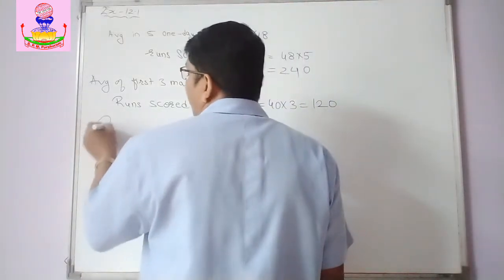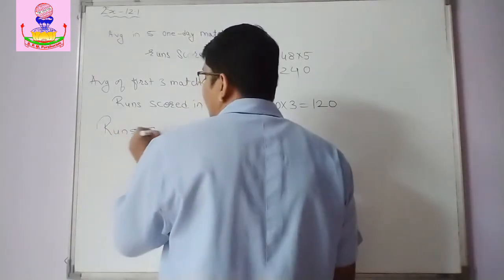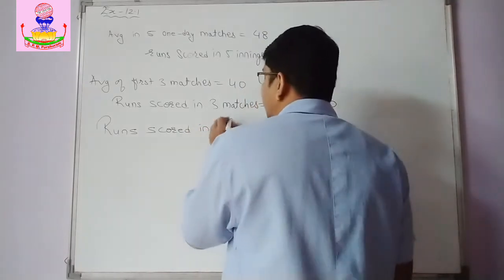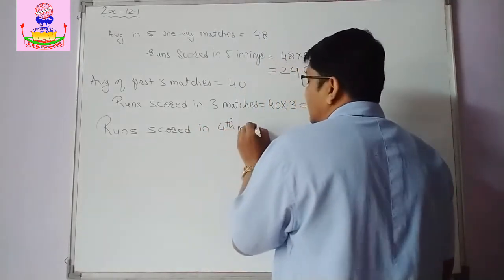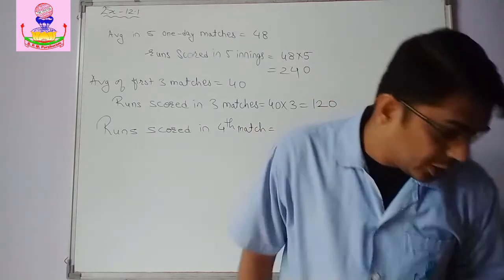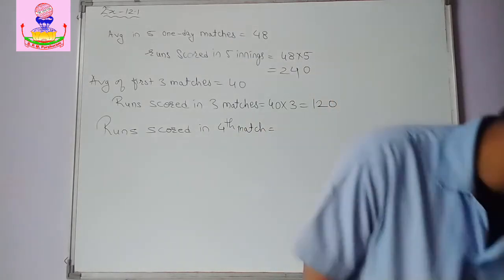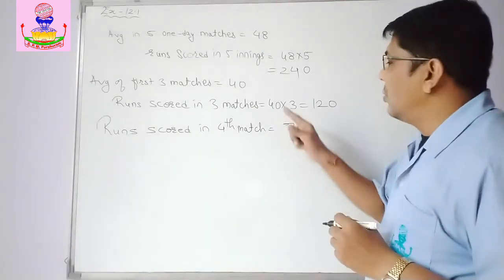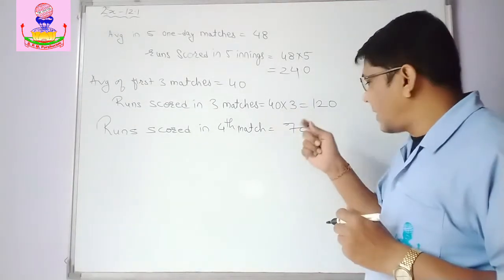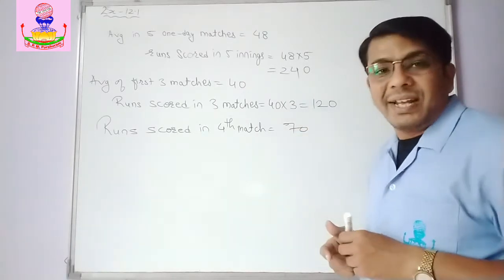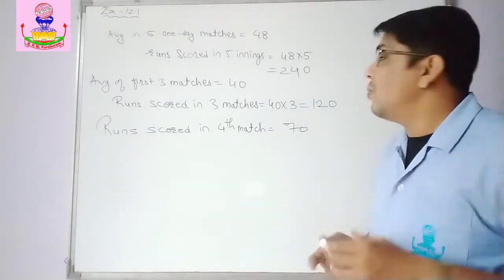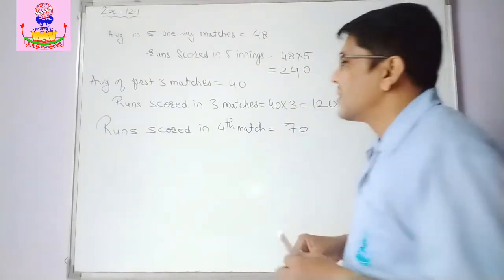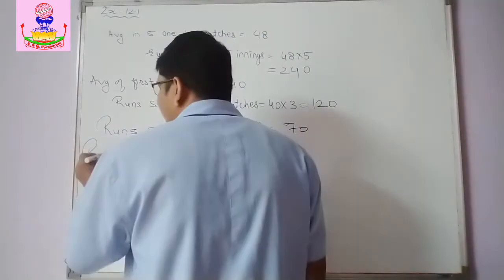Now they have given the run scored in 4th match. How many has he scored? He has scored 70 in the 4th match. Now I know runs scored in first 3 matches, I know run scored in 4th match. Can I find run scored in 5th match? Yes. How? Total number of runs minus this sum. Okay. So run scored in 5th match.